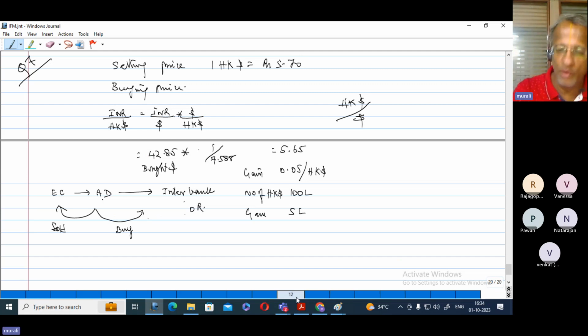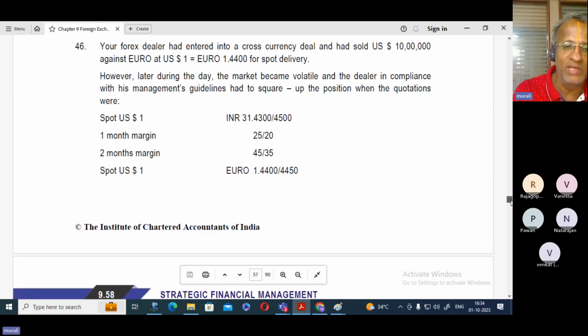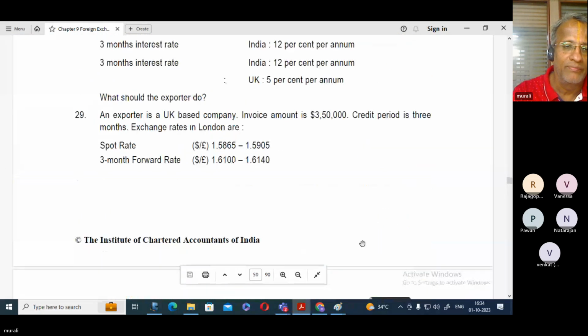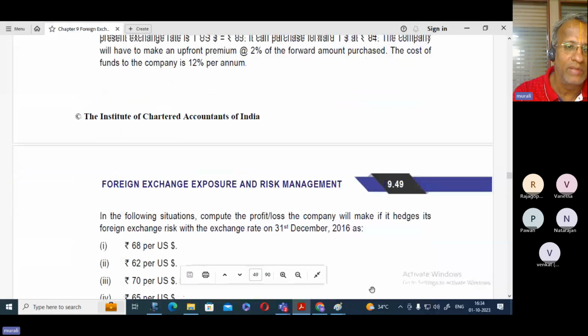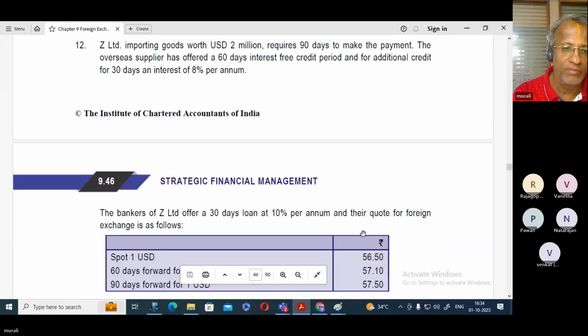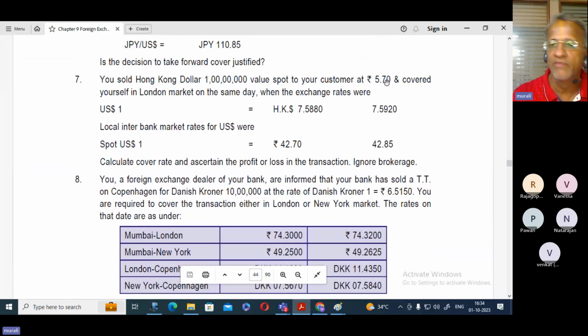We will not go to 4 decimals. The reason I will tell you: the first quotations given in the problem are given only to 2 decimals. That is the indicator for us to choose only 2 decimals. Just see 5.70.